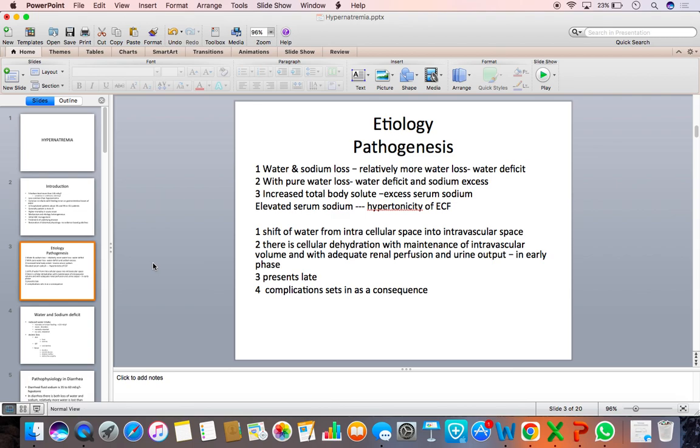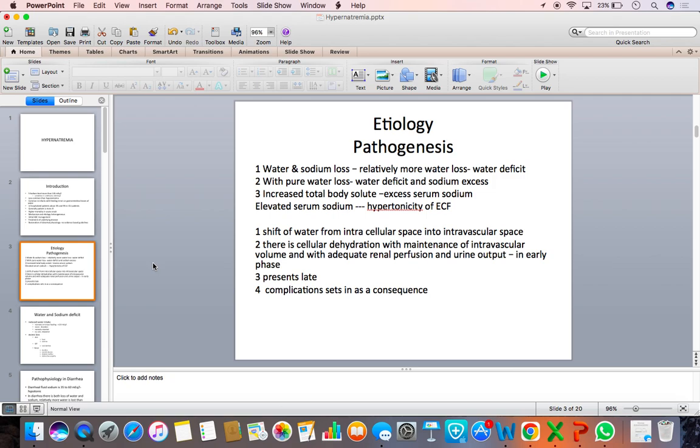So, in all these groups, what is happening? There is more serum sodium compared to the water. That results in hypertonicity of the extracellular compartment.